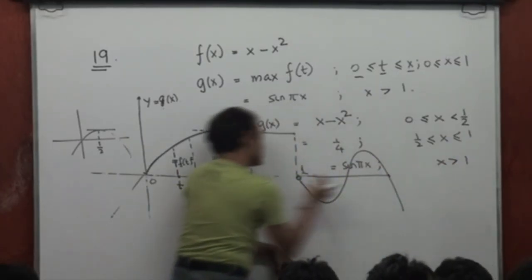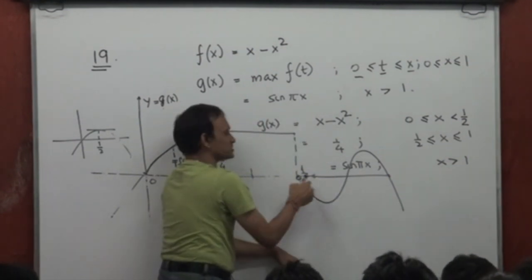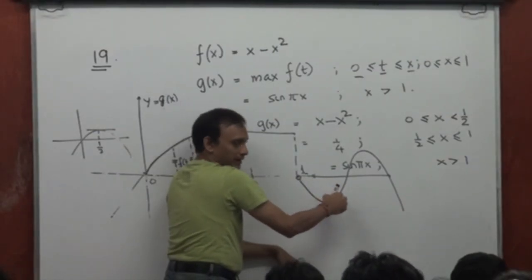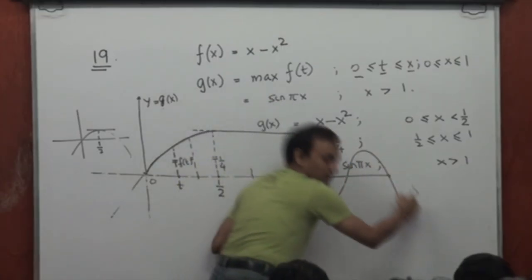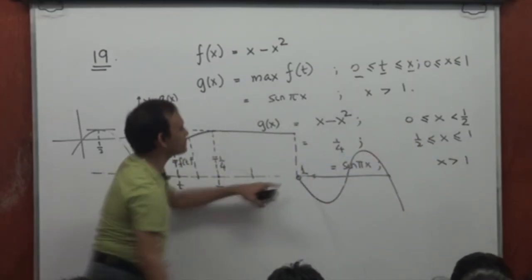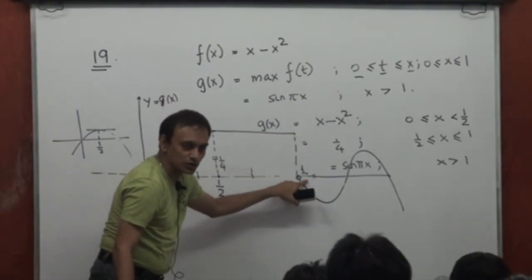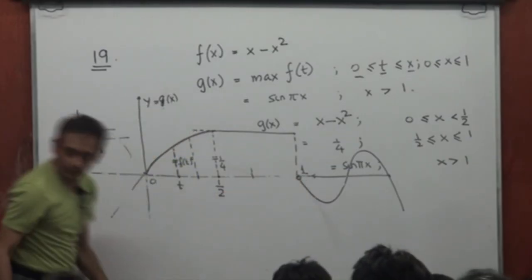At x just about equal to 1, x coming closer and closer to 1 from the greater than 1 side is sine pi, which is 0. And then greater than 1 means greater than pi, then 3 pi by 2, and then 2 pi, and then it goes like this. This is the graph. So obviously at x equal to 1, the left hand limit is 1/4, the right hand limit is 0, not continuous and therefore not differentiable. Clear?